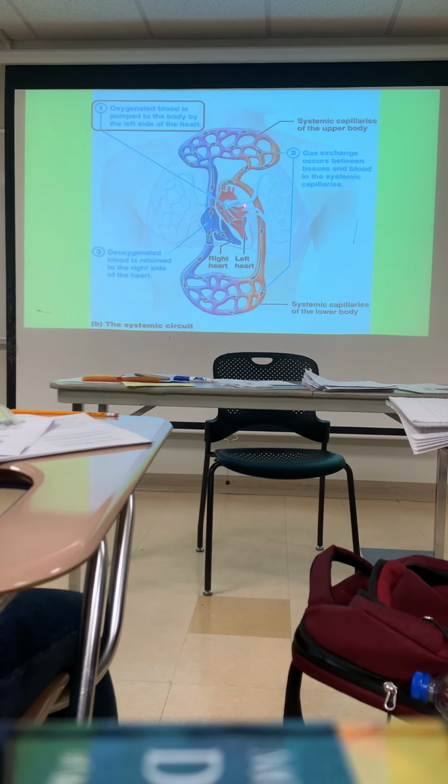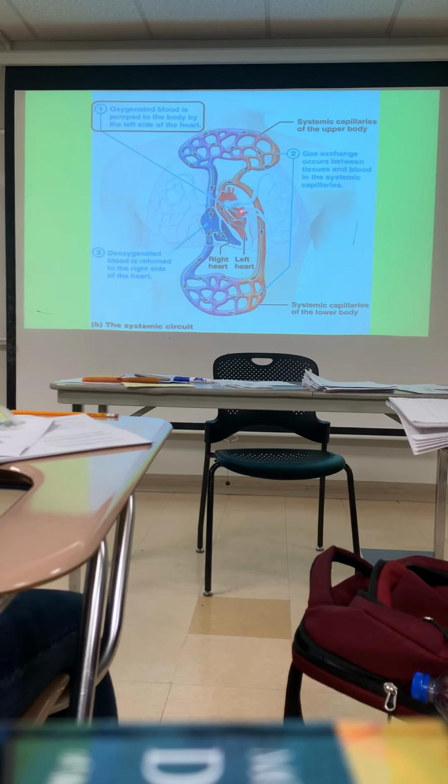So when it has left the lungs, this blood is going into the aorta. You see? Aorta, right? And our aorta is an artery, so it goes in different directions in your body. So oxygenated blood is pumped, gas exchange happens here, and then you have deoxygenated blood there.